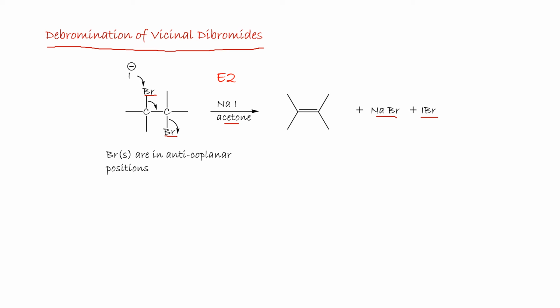The iodide will attack the Br, abstract Br, leaving 2 electrons to form a pi bond, and then Br minus will be out as sodium bromide. This is an E2 mechanism, so these two Br should be anticoplanar for this reaction to occur.